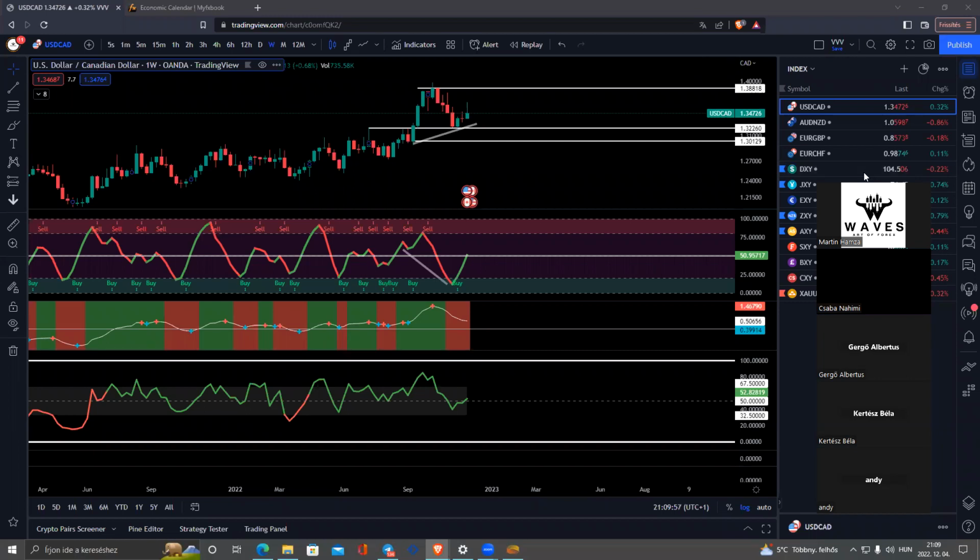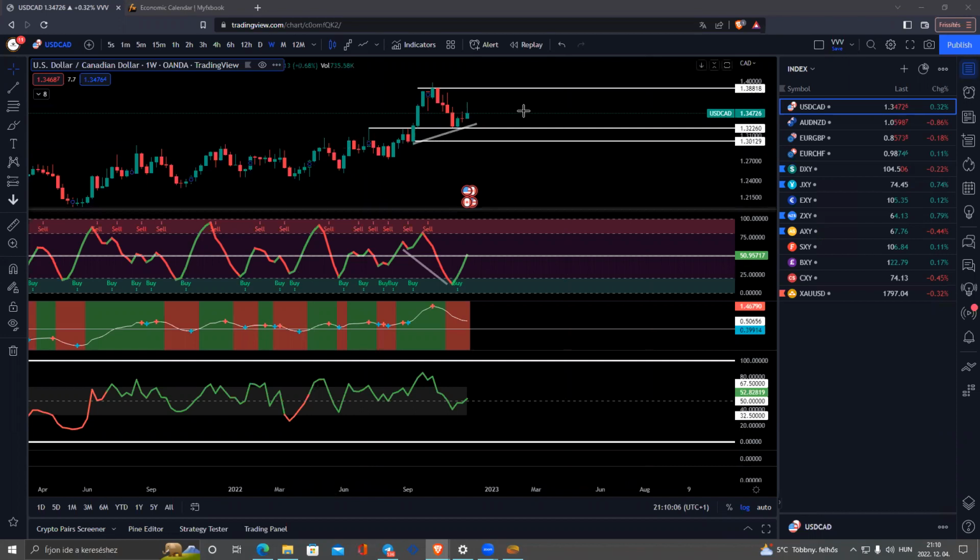Let's see. Trading week 49. What we have from previous week, we saw divergence and a possible bullish movement.